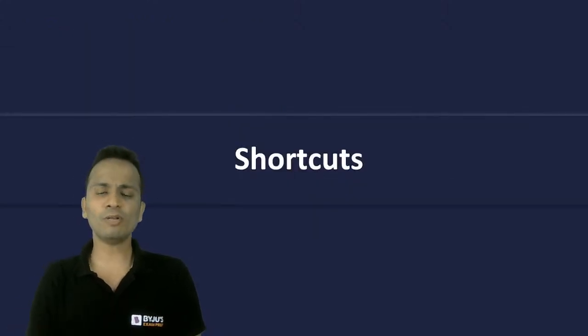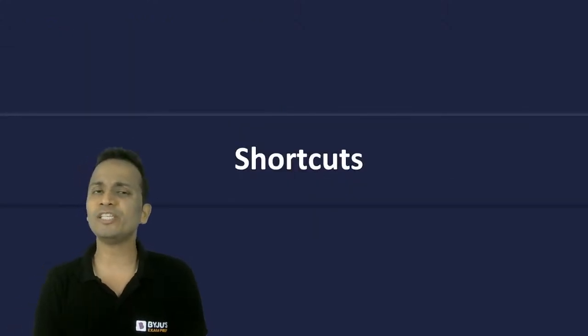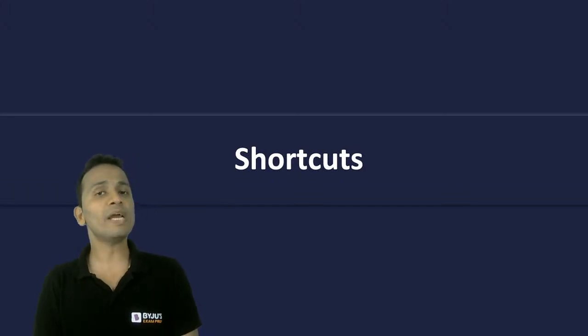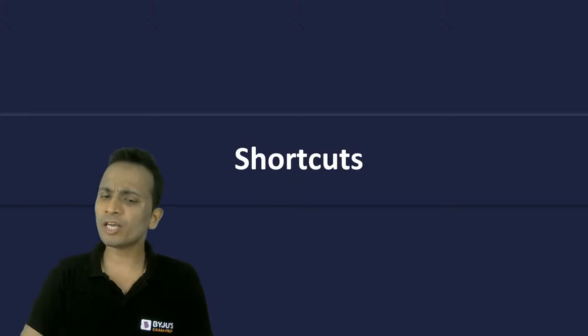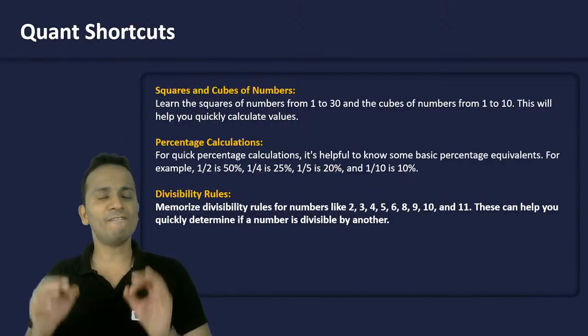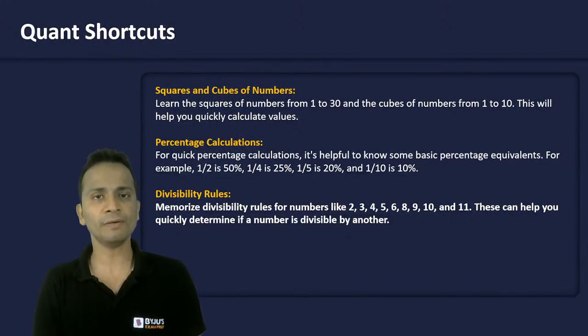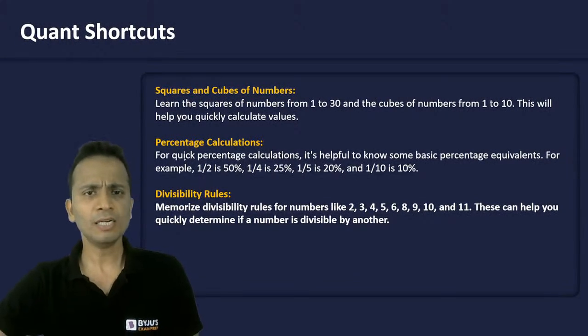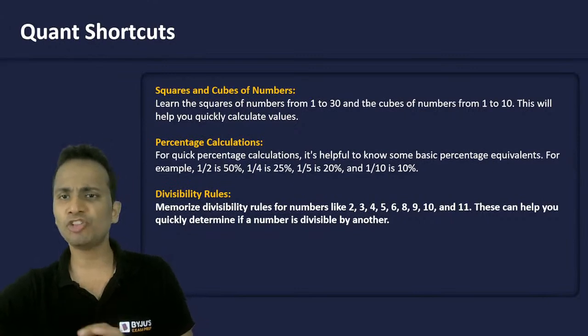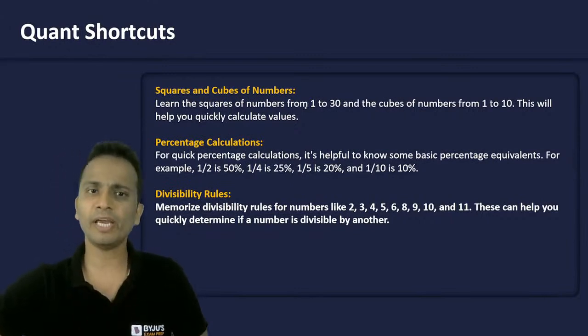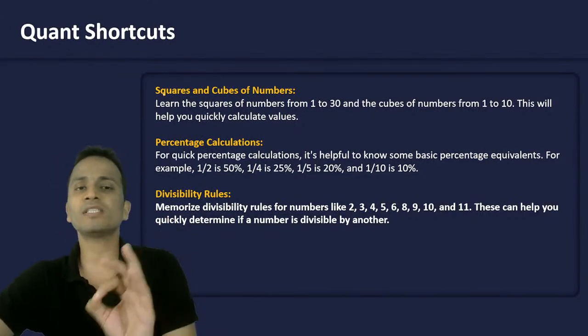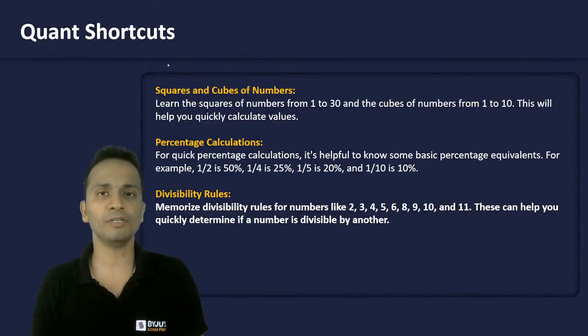Okay. Now let's understand what all things we need to know in order to implement the shortcuts that I'm talking about. Now in the QA section, these are very important things that you must know. Okay. Now I may change these numbers a bit. So first of all, the squares and cubes of numbers.